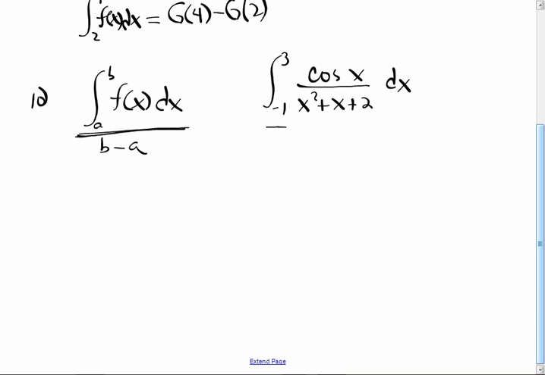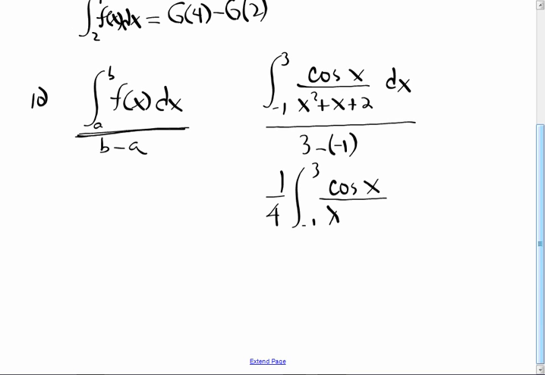And you divide by what? The width of the interval, which is how many spaces? 4. So it's 1/4. And then I can't integrate that, I have to use my calculator. And it gives you the average value. Average value is the integral divided by the width. How about number 11? You guys get number 11?